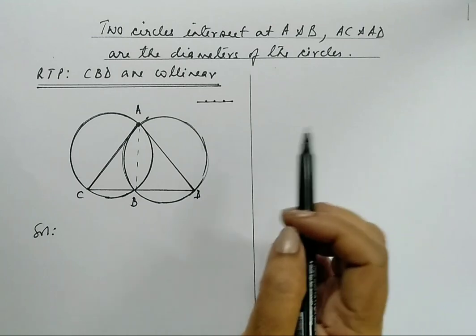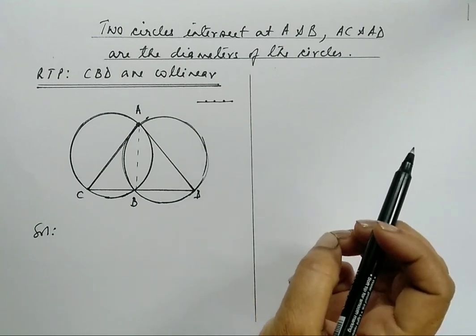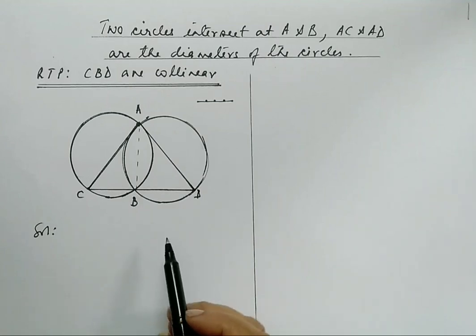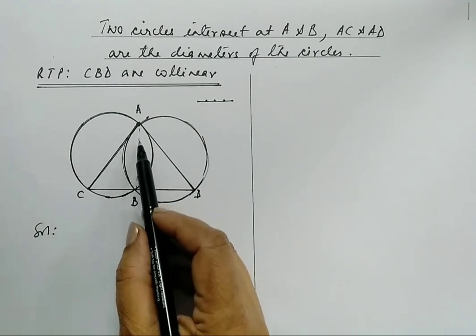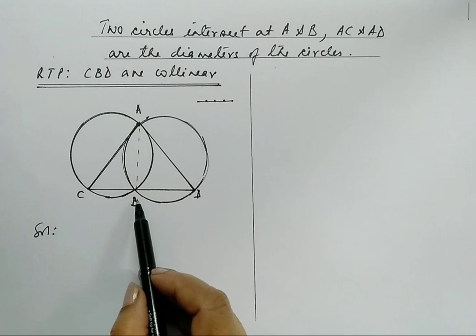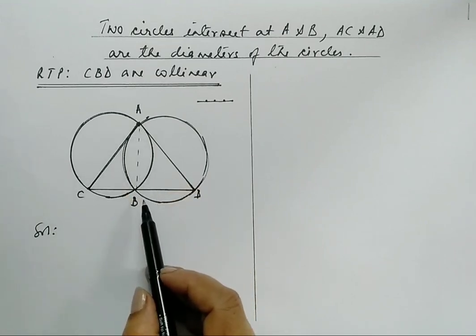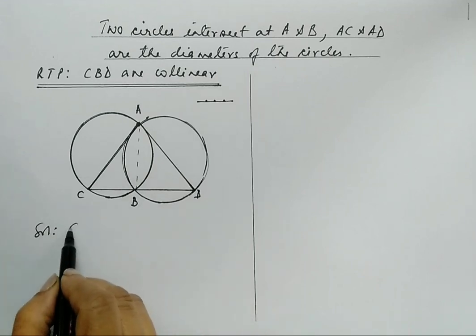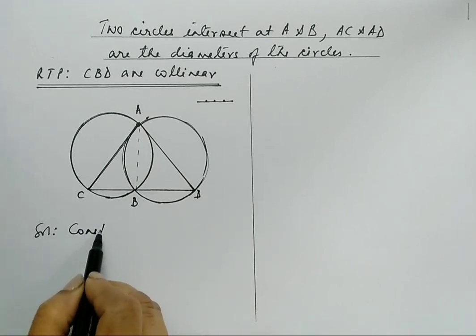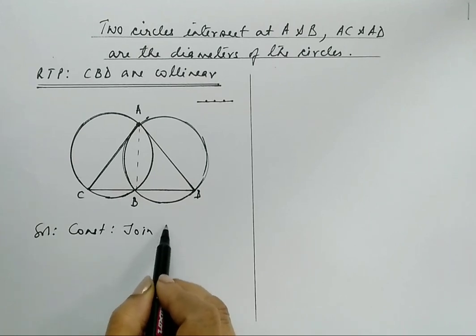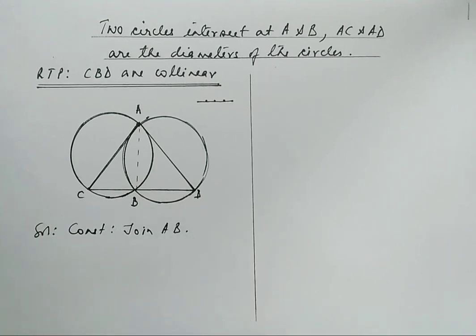All right. Now, how do we proceed? Certain indications I have already given in the figure, which is a broken line of AB being attached. All right. So, first thing in construction, we write join AB, correct?